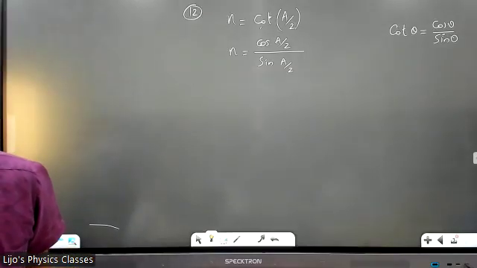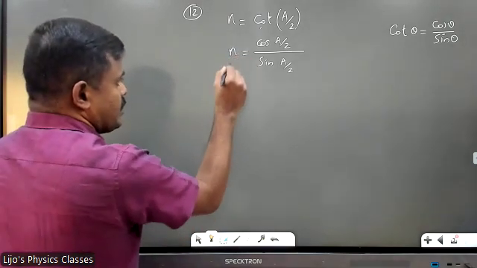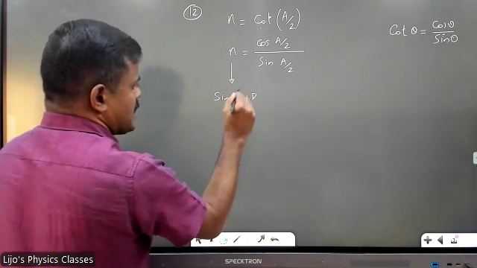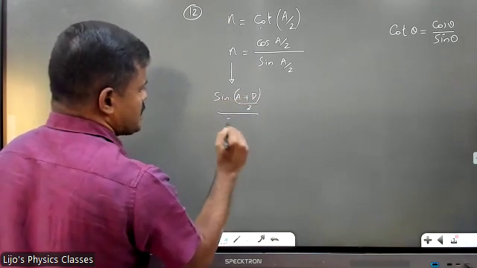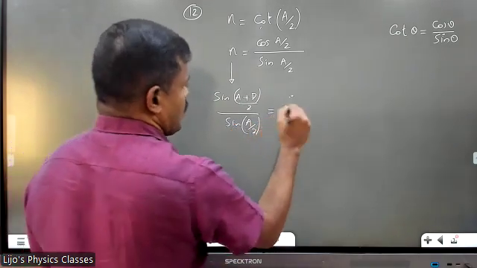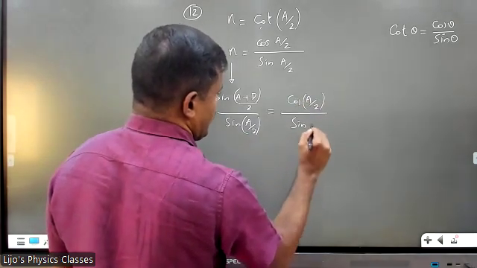What is the question? We have to show the angle of minimum deviation. Now n may be written as sin of (A plus D) by 2 by sin of A by 2, which is equal to cos of A by 2 by sin of A by 2.